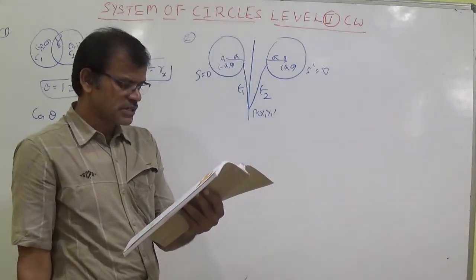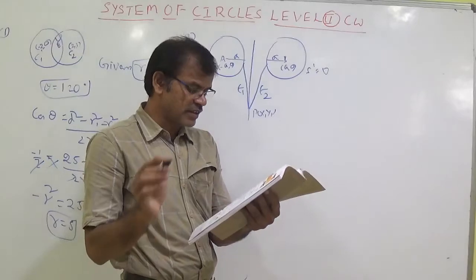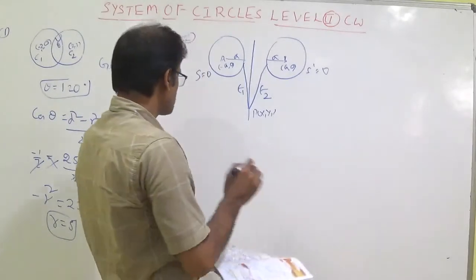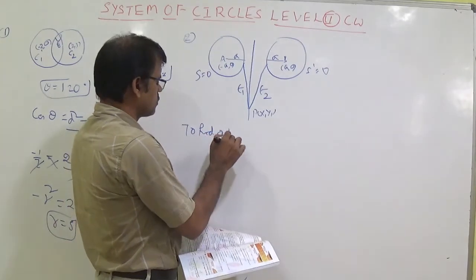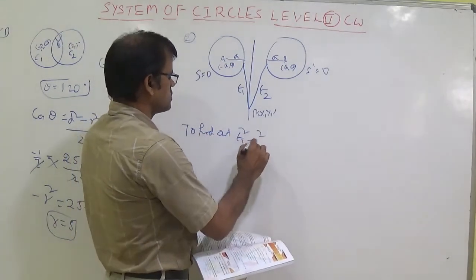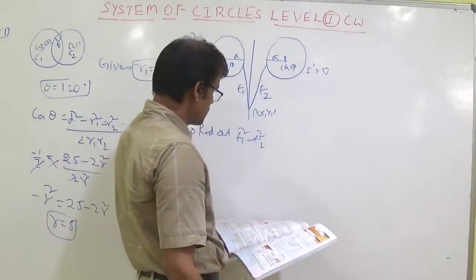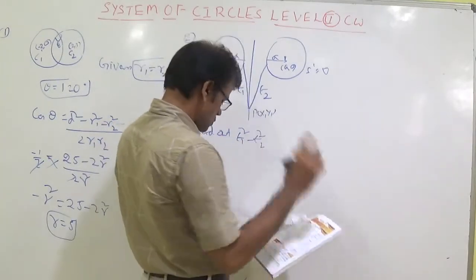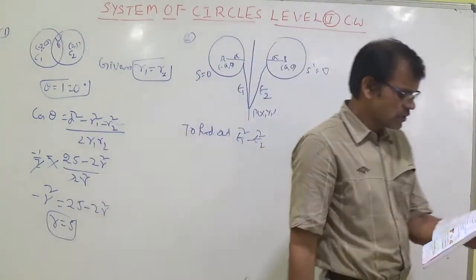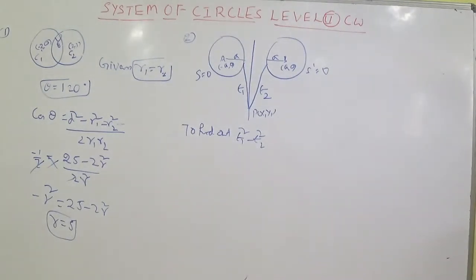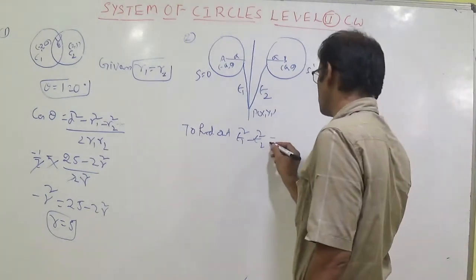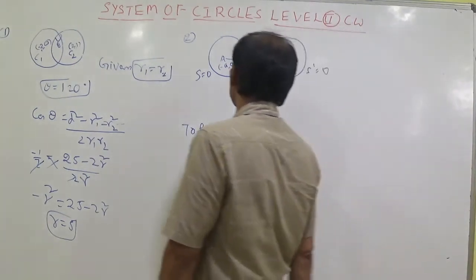The locus of points is the difference of squares of the tangents. To find out, T1 is tangent 1 and T2 is tangent 2. T1 square minus T2 square for the two given circles is constant, say k. The difference T1 square minus T2 square is equal to k. Then what is the locus?